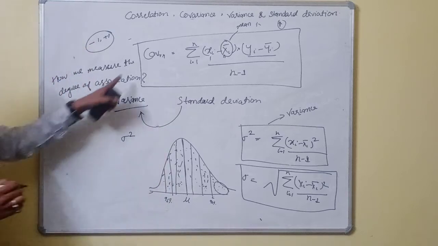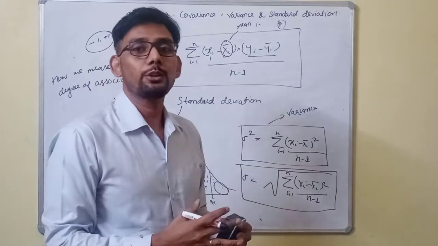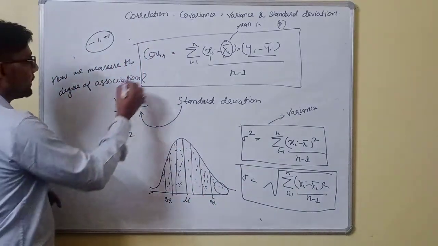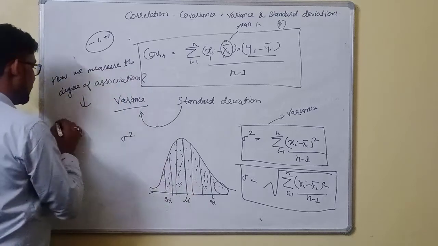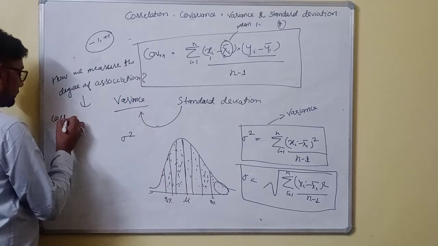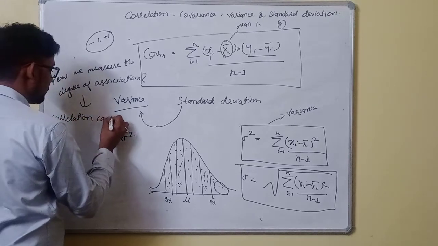It means how two variables are associated with each other. What is the degree of association? This is measured by the correlation coefficient.